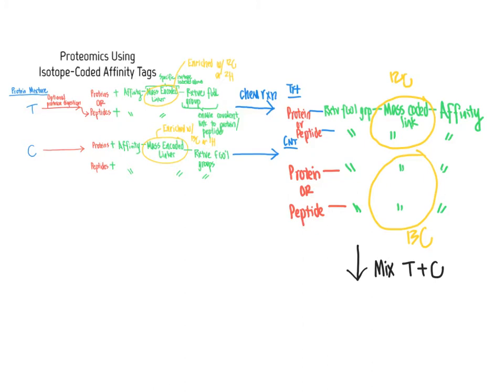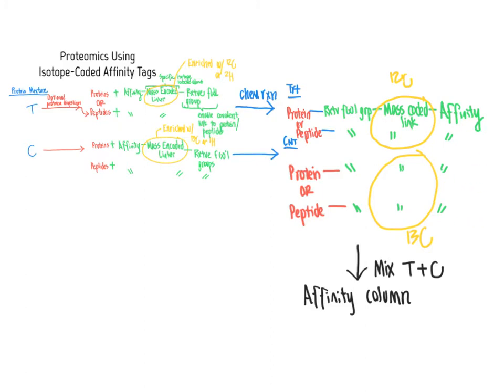So we mix the two together, and then to further clean up the sample before mass spectrometry, some sort of affinity column would be used. The affinity column is a column chromatography packing that will enable the stationary phase to selectively bind tightly with the proteins or peptides that have the affinity tag on them.